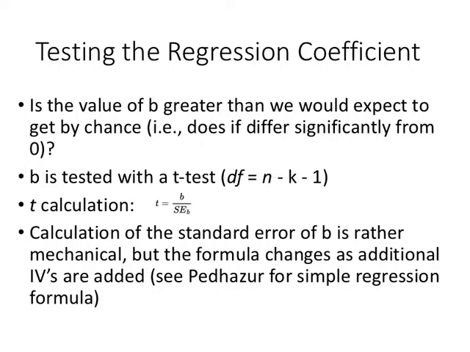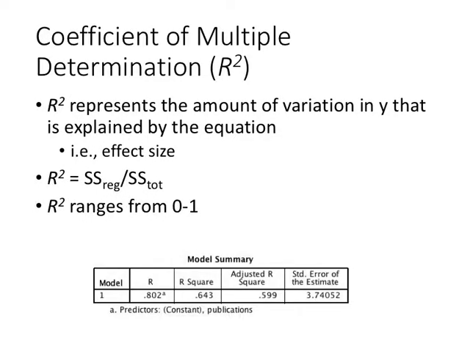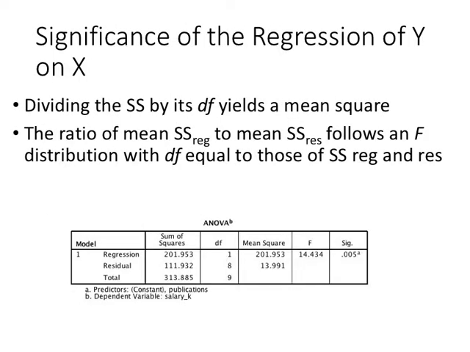So in our case, we did the F test, and think of the F test as, is your r squared significantly greater than 0? That's what's being tested there. So is the r squared that's reported on the next page significantly greater than 0?